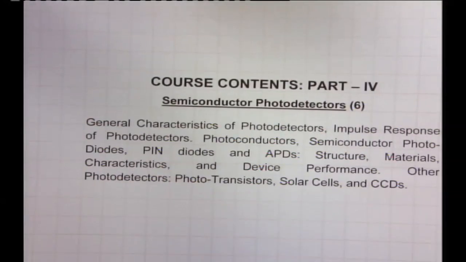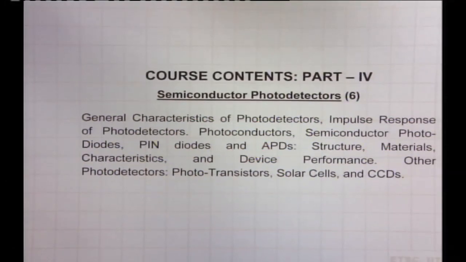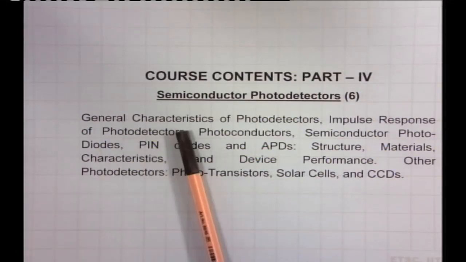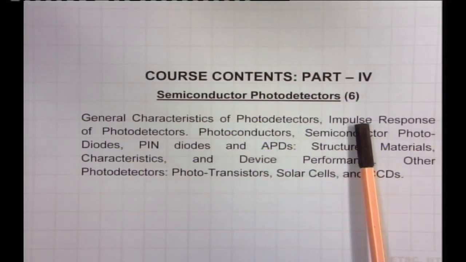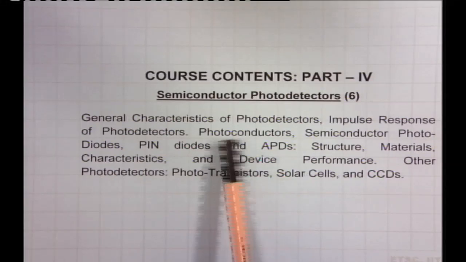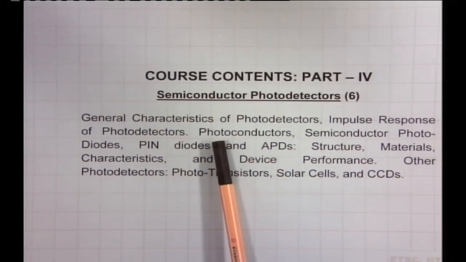In the last part of the course, we will discuss semiconductor photodetectors. This is a small part because most of the characteristics and device structures have already been discussed in the earlier parts. So, directly we go over to general characteristics of photodetectors, the impulse response of photodetectors, and one of the simplest photodetectors, the photoconductor, with specific applications.